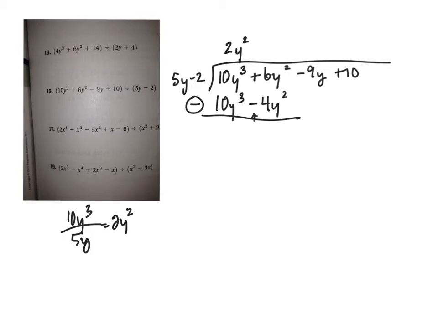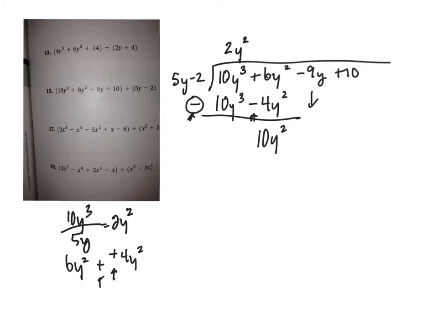So 10y cubed minus 10y cubed is nothing. And then 6y squared minus a negative means 6y squared plus 4y squared comes out to 10y squared. So what I had there was 6y squared minus a negative 4y squared, and these two minuses cancel to be a positive.